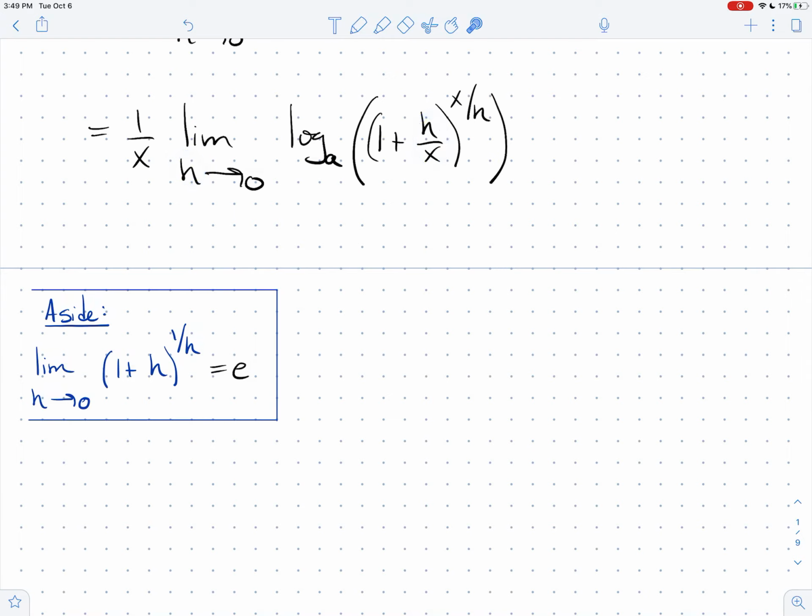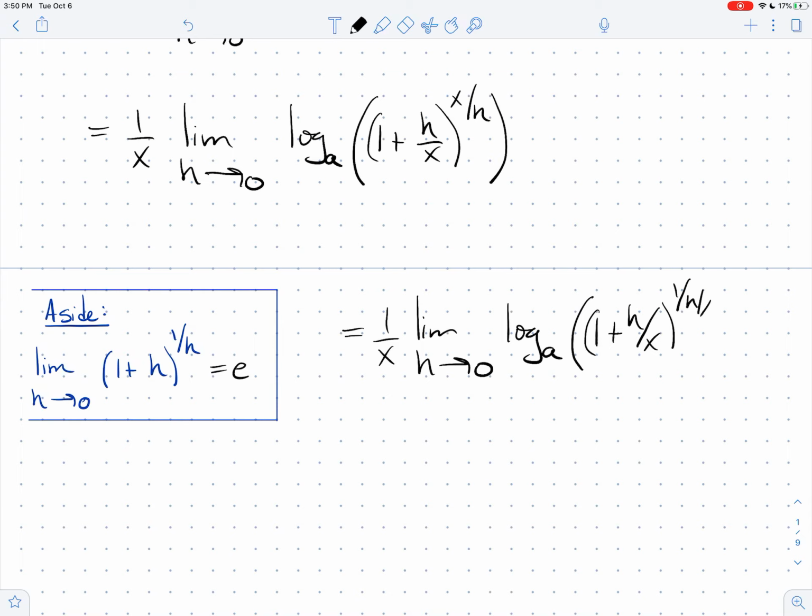I need 1 over that something upstairs, and I don't have that. I have x over h upstairs. And sort of the stroke of genius here is to realize that we can write this as the limit as h goes to 0 of log base a of 1 plus h over x to the 1 over h over x.